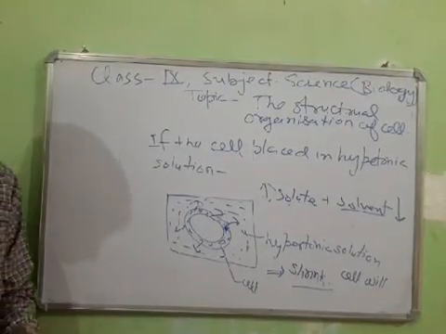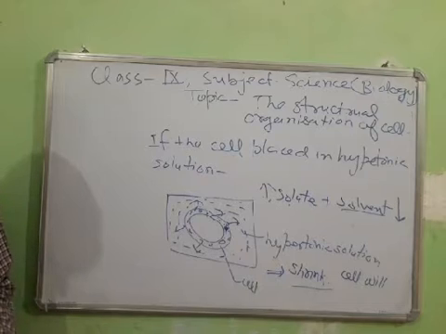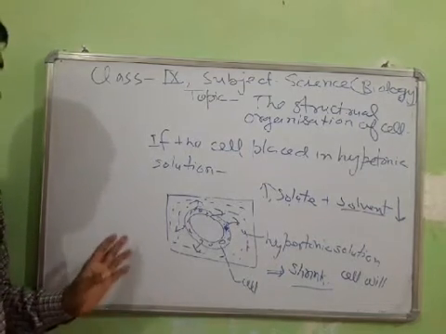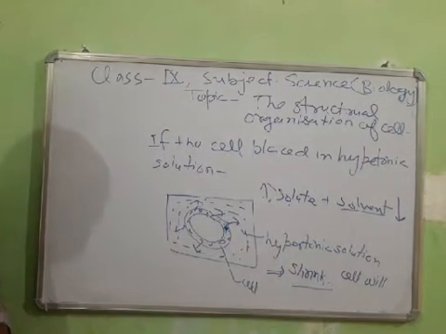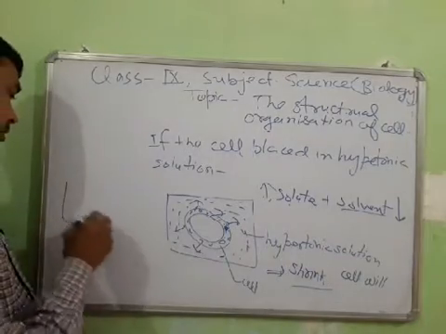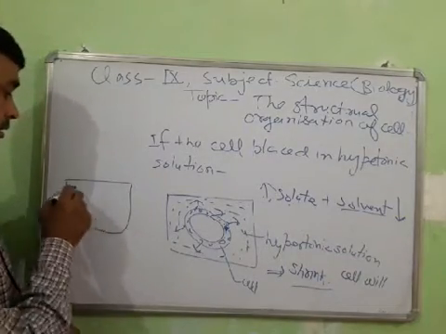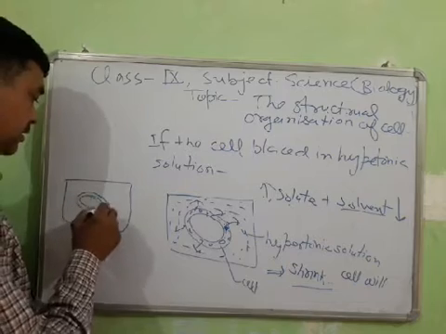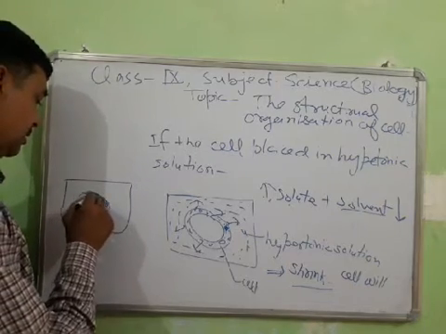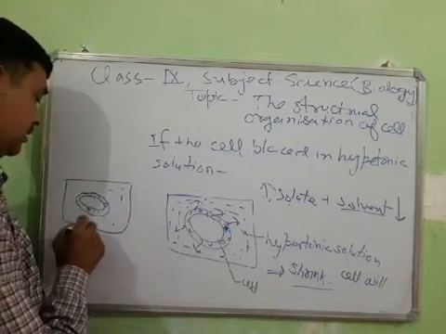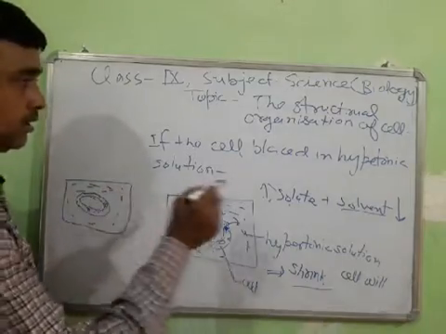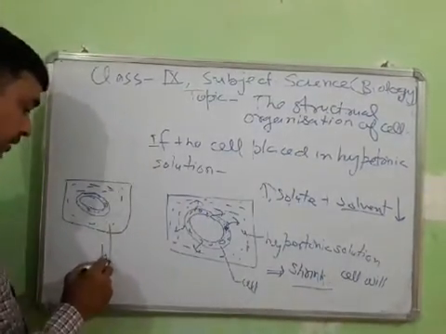Okay, suppose this is the cell, this is the nucleus, cytoplasm, and this is the hypertonic, this is the hypotonic.